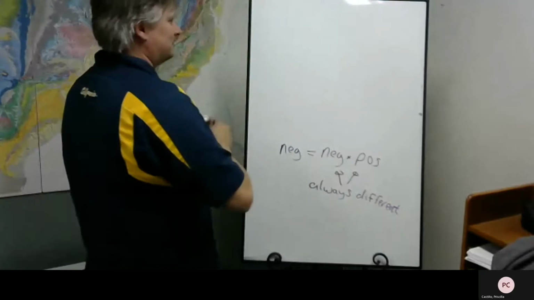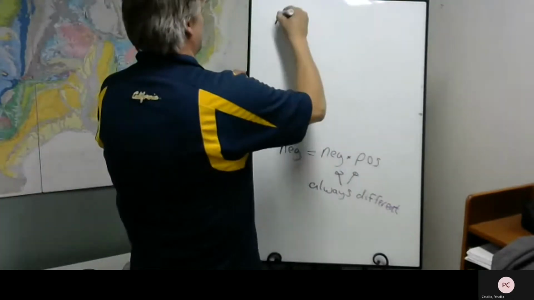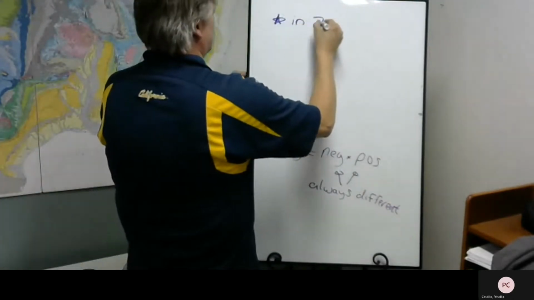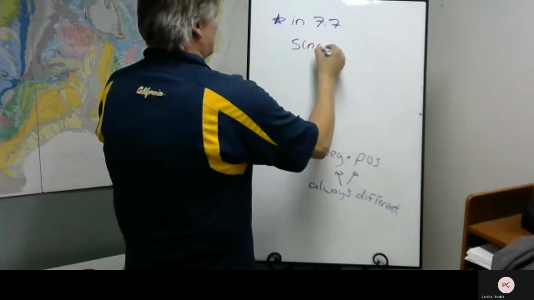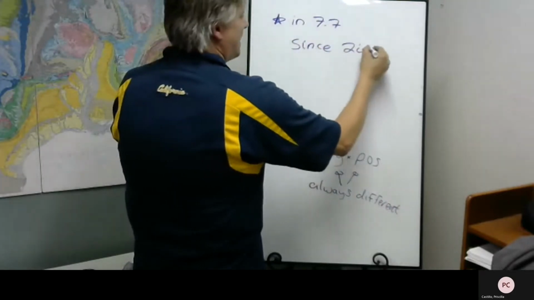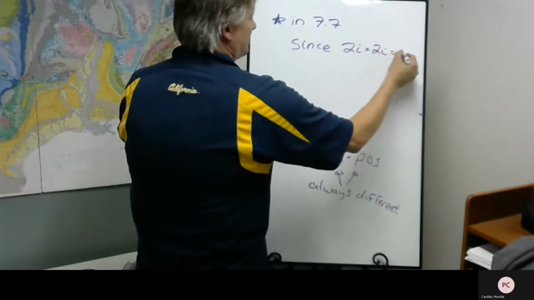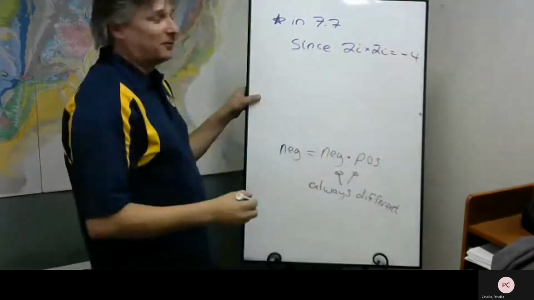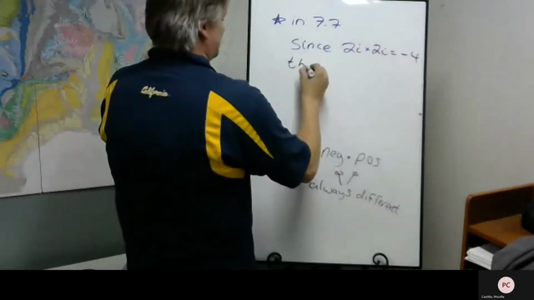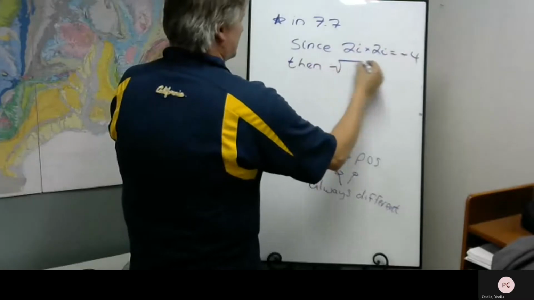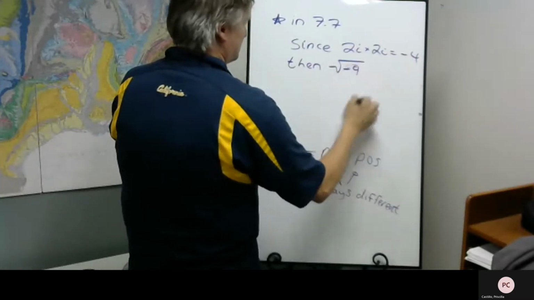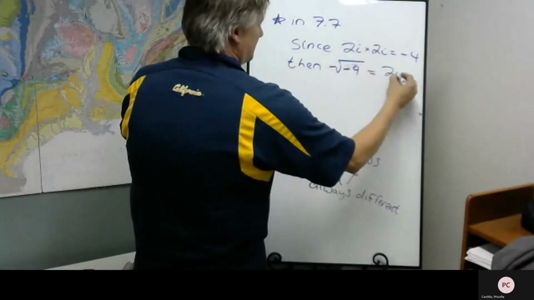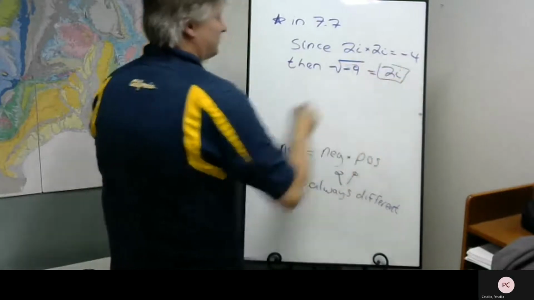So for example, since 2i times 2i equals -4, then the square root of -4 equals 2i.